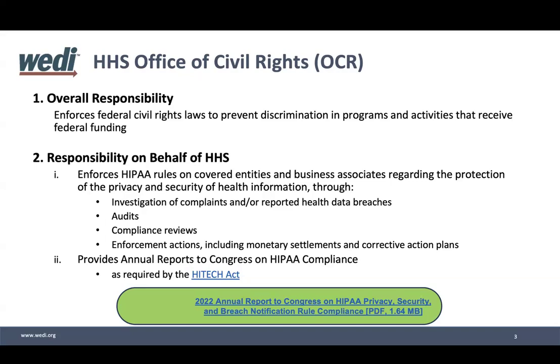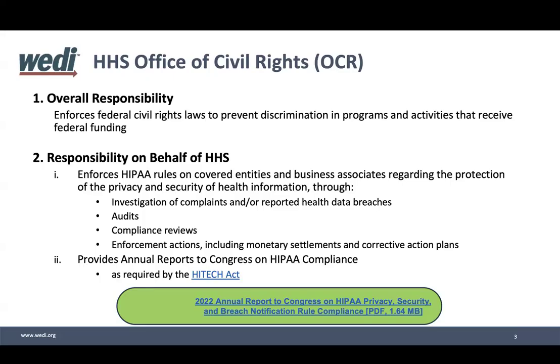This slide here is just to baseline our understanding before we move into the discussion very shortly. HHS Office for Civil Rights has an overall responsibility to enforce federal civil rights law across the board, but we're focused specifically on their responsibility to enforce the HIPAA rules on covered entities and business associates. So they're looking at both the privacy and security rules in HIPAA.